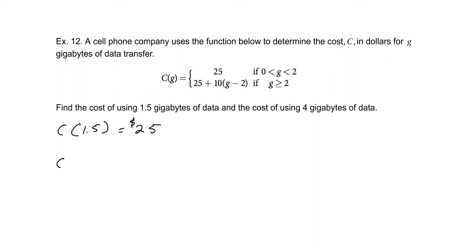To find the cost of 4 gigabytes of data, we'll have to use the second formula. 25 plus 10 times g minus 2, in this case 4 minus 2. If you notice, it is $10 for every gigabyte over 2. All right, 25 plus 10 times 2, so that would be 20. So this is $45. $45 is our cost there.